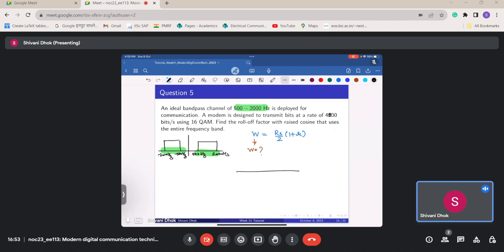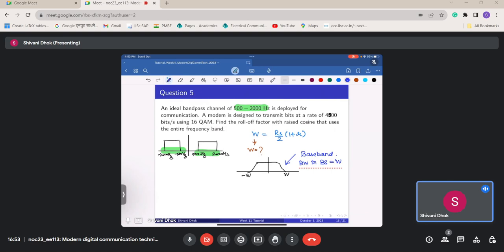This W was basically something like this. This was W and this was minus W. This thing here is in baseband, and bandwidth in baseband is equal to W.